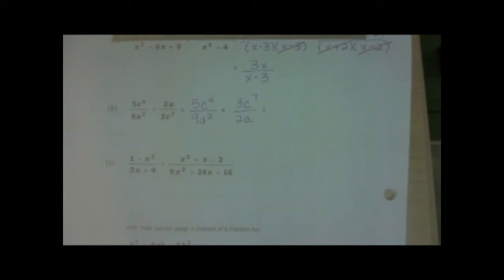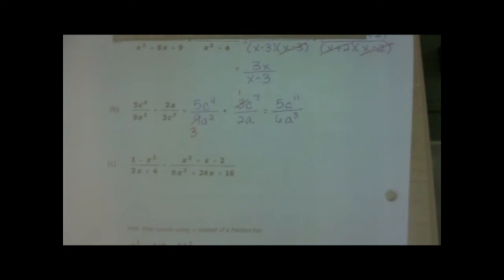If you like to cancel when it's like this, I really don't in general. I know some of you do. I'm going to cancel the 3 and the 9. So 3 goes into itself once and into 9 3 times. I'm not going to try and cancel any of my variables until I get this all written out.